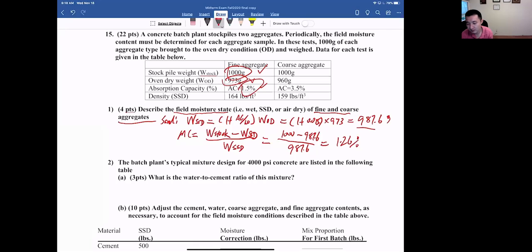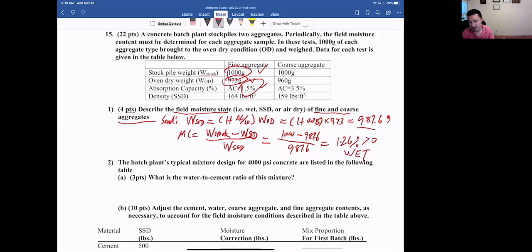Moisture content means how much the real moisture content of the aggregate differs from the saturated surface dry condition. If moisture content is positive, larger than 0, then the moisture condition will be wet. The moisture content could also be negative.